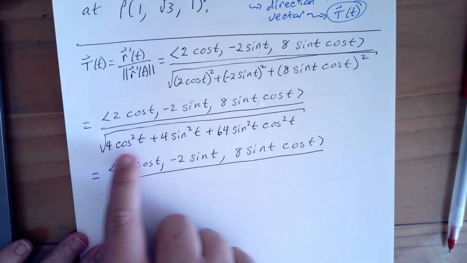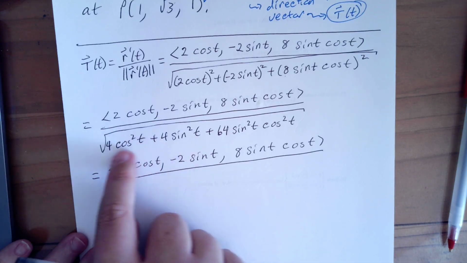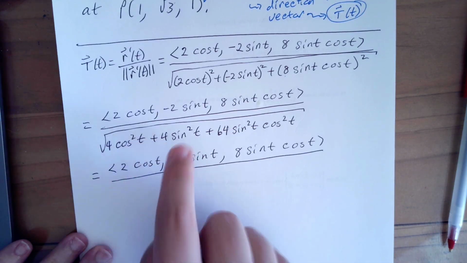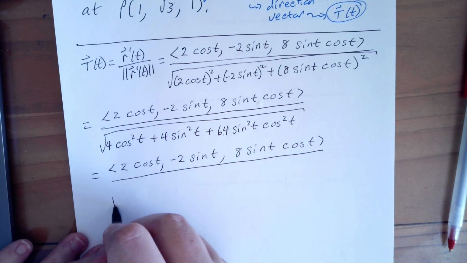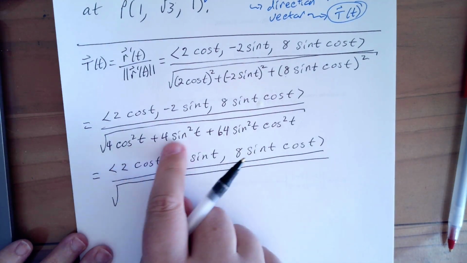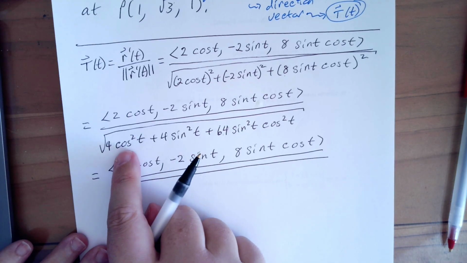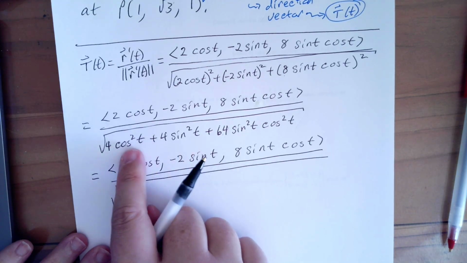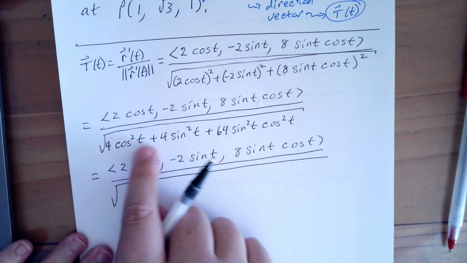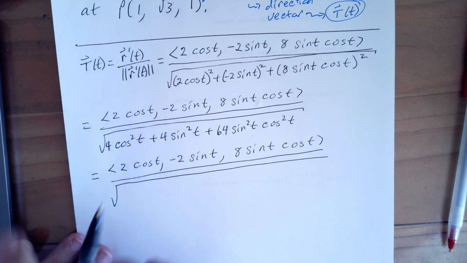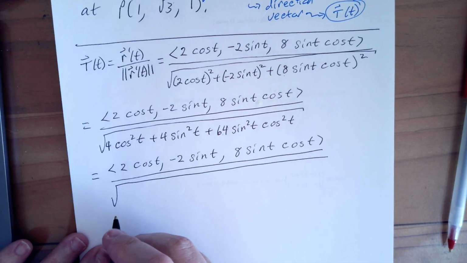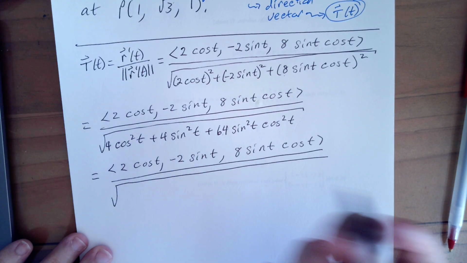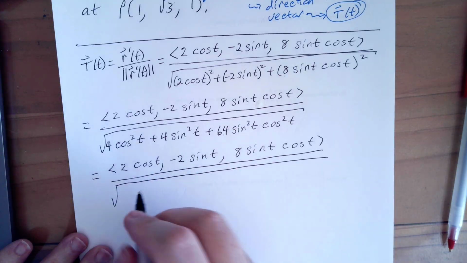We can definitely take out a common 4 from these first 2 terms, and we can even take it out from this term as well if you like. But if I take out the common 4 from these two, I'll have cosine squared of t plus sine squared of t. That's going to give me 1, but we can also take out the common 4 from everything, which would be fine. But maybe I'll just do it in steps.